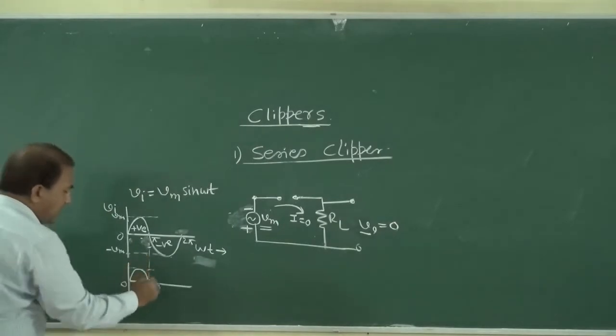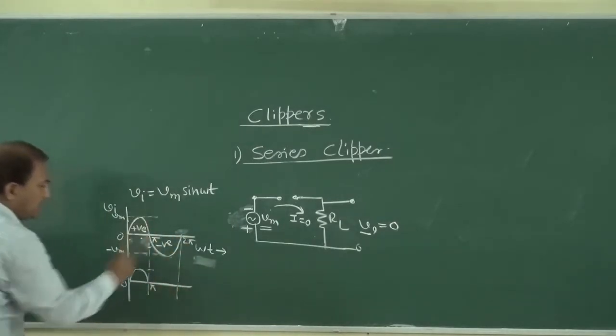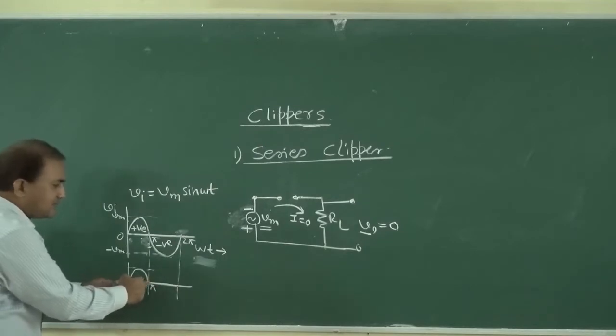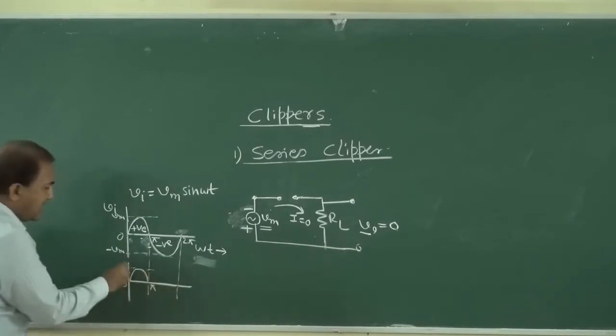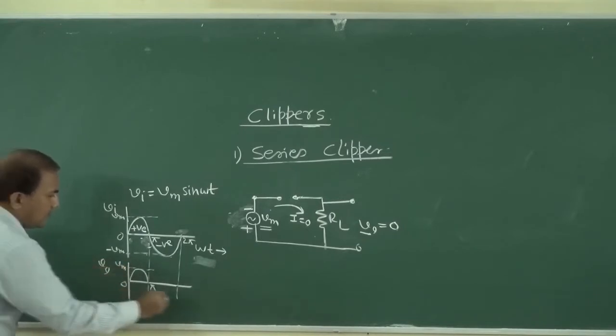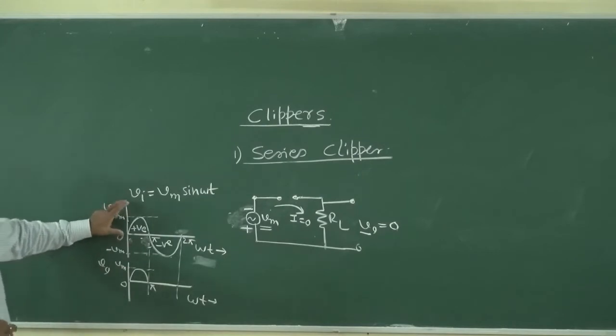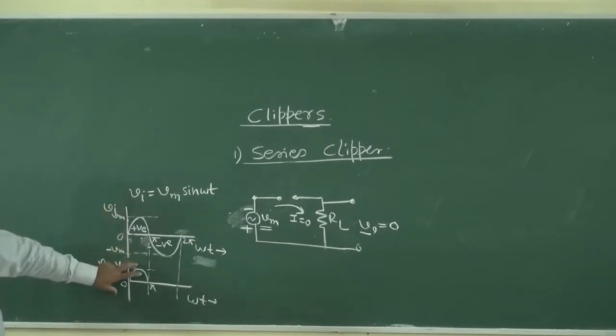Here this is 0, and this interval is equal to this interval, and here this is Vm. This is V out versus omega t. So this is the input waveform and this is the output waveform.